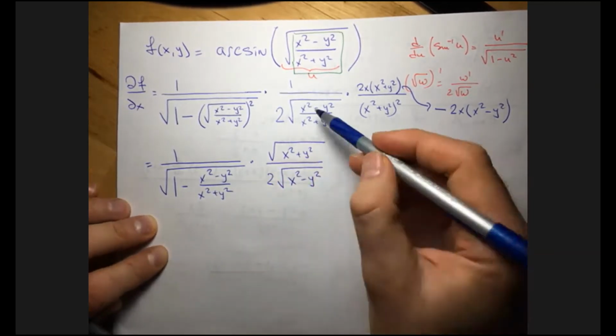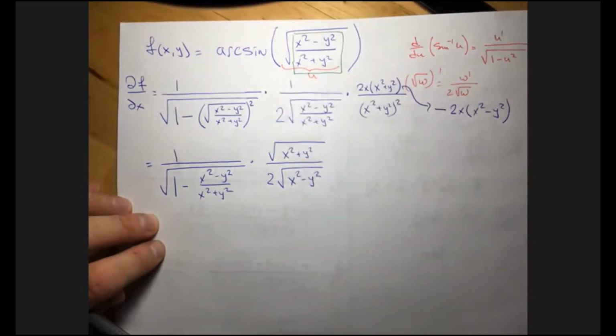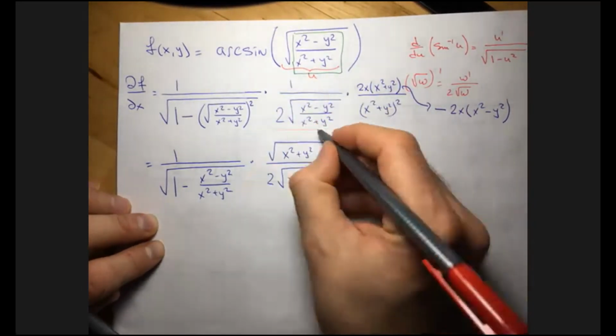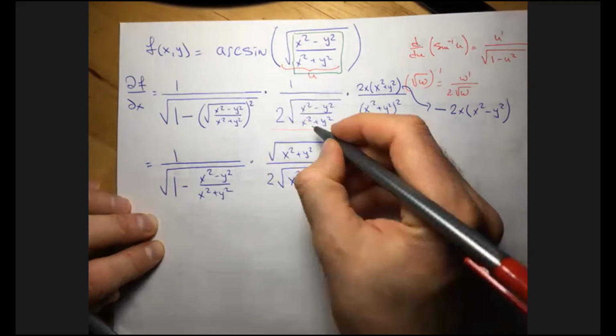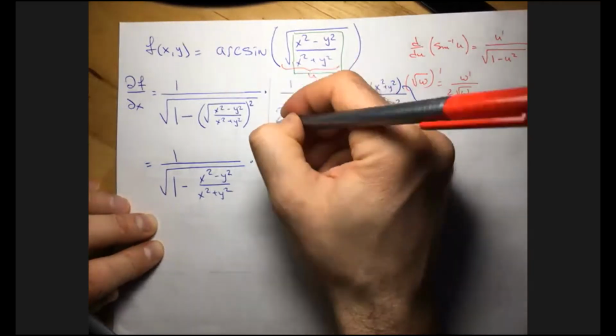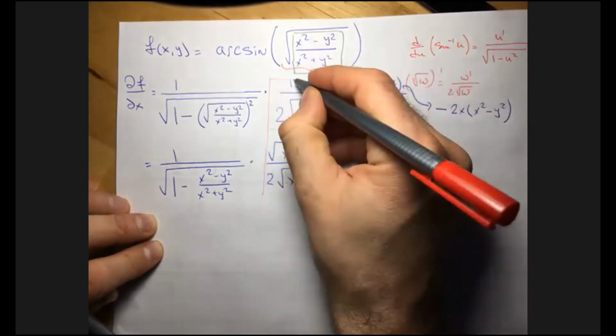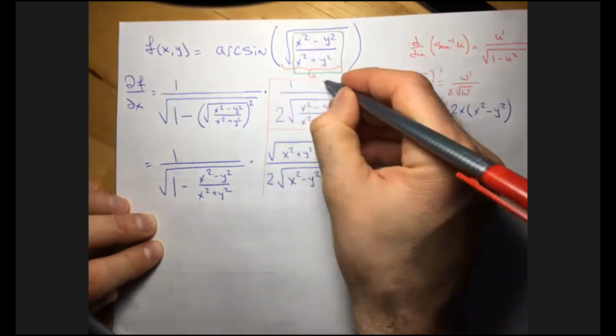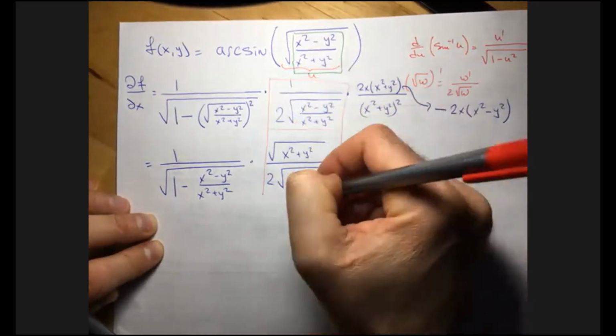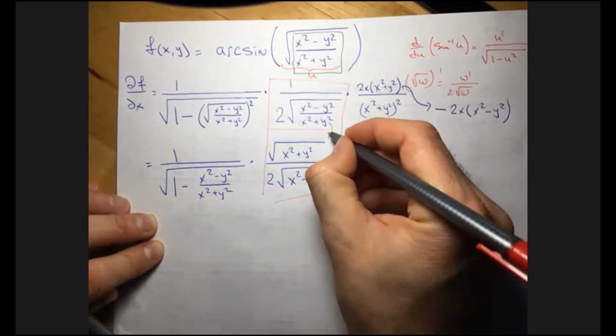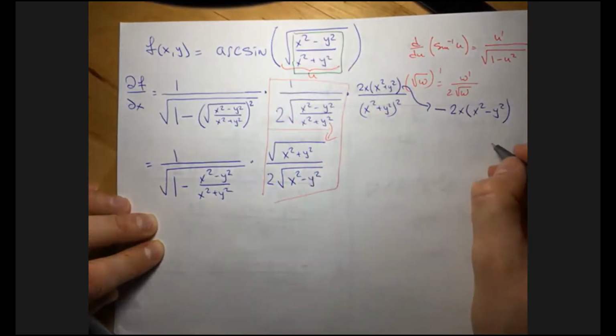So what happened here, right? This is this part. If you have 1 over a over b, that's b over a. That's what happened. Times, let's see here, 2x cubed plus 2xy squared minus 2x cubed plus 2xy squared.